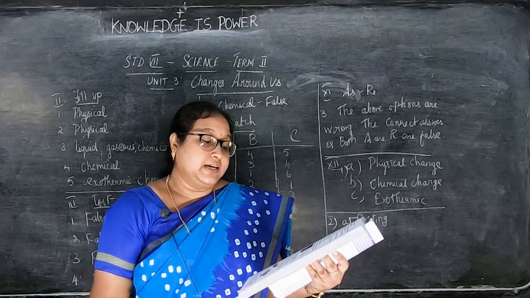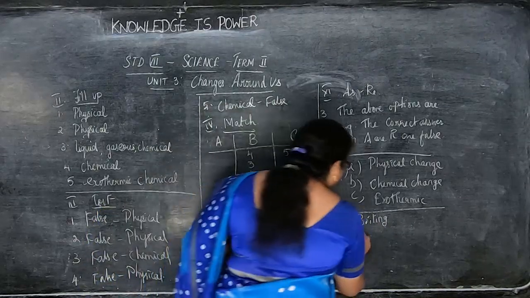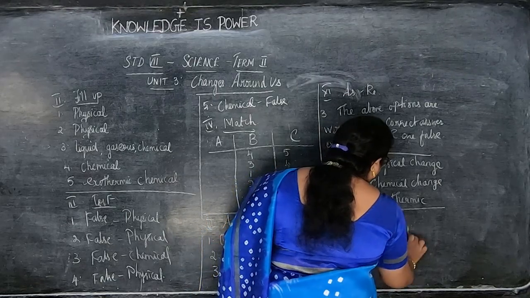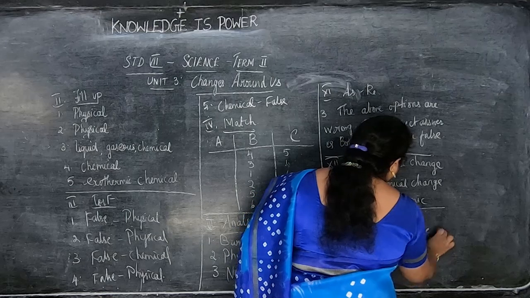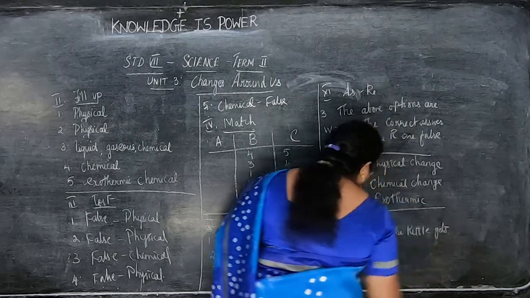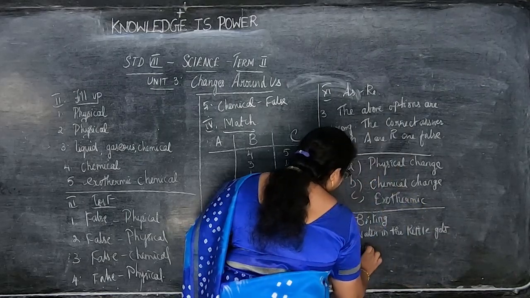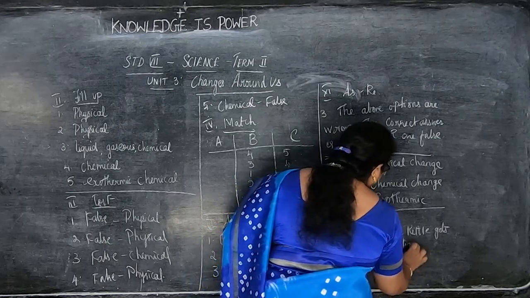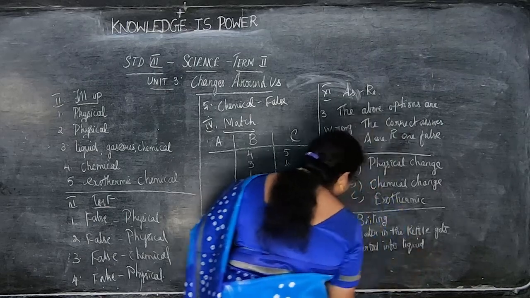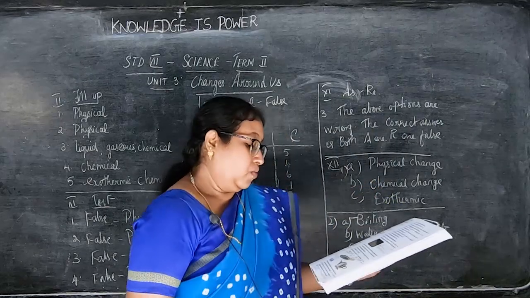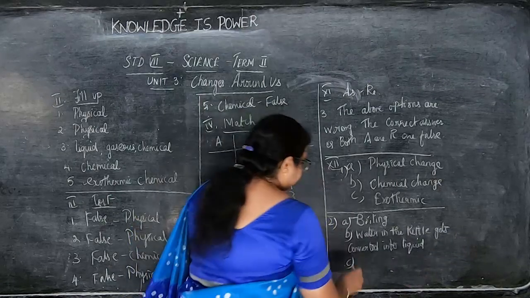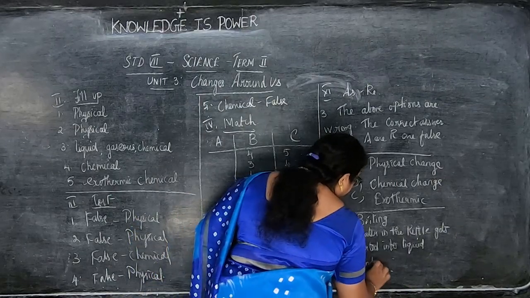Water in the kettle gets converted into vapour. Okay, children. Then, what kind of change is occurring on the cold surface of the metal plate? Endothermic.